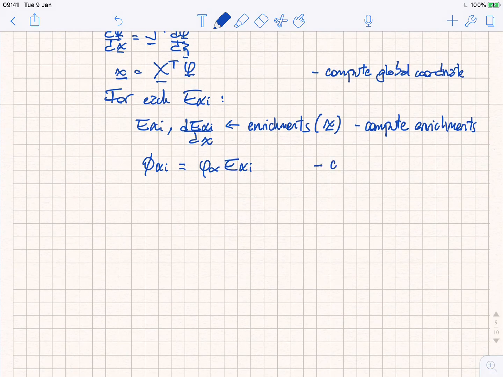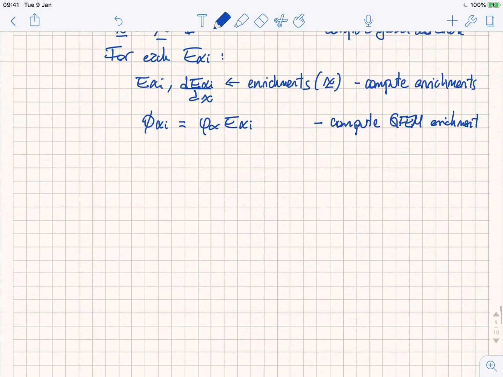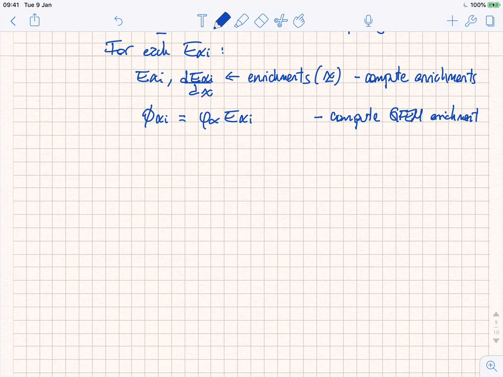So let's write it here: compute generalized, it's called GFEM, enrichment function. And now we need to obtain the derivatives of those, because the derivatives are the ones that are going to be added to our B matrix.